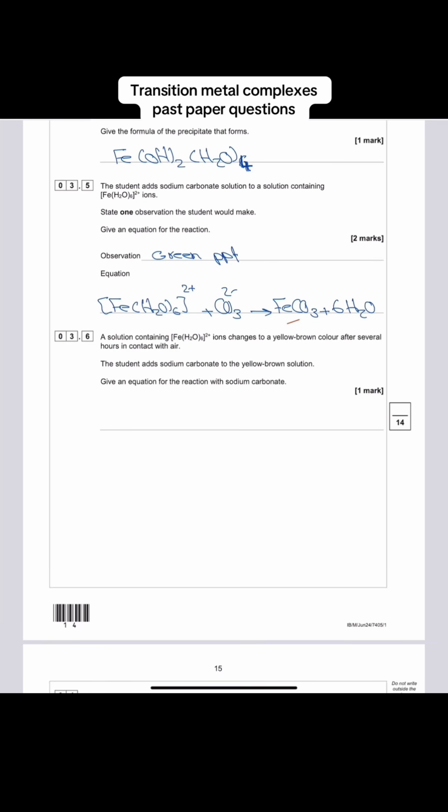Now we need to write the equation. So remember that we are talking about the iron 3 plus now. So [Fe(H2O)6] 3+, not the 2 plus now, plus the carbonate 2 minus, and we would need 3 of the carbonate.